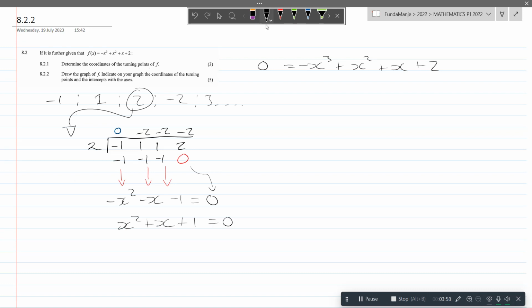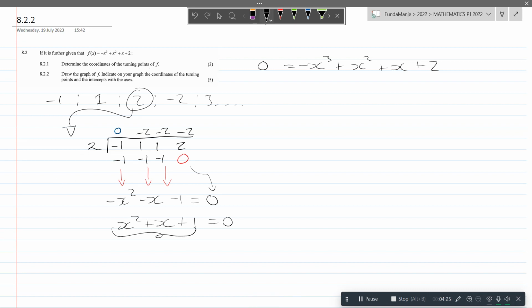Then you think, are there any factors of 1 that I can add to give me 1 and multiply to give me 1 again? And the answer is there are none, which means that there are no solutions for this, meaning we're dealing with a cubic function that only has one real root, which would be 2 in that case.